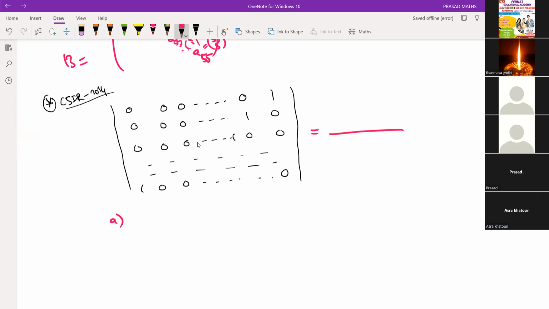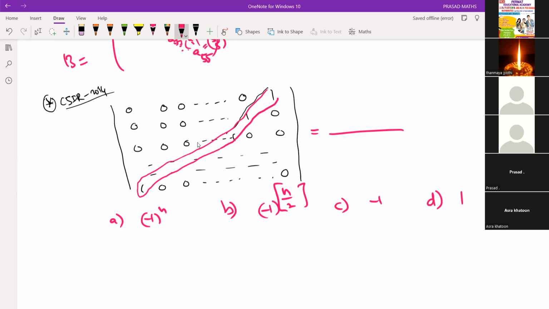Option B, minus 1 whole power n by 2. Option C, minus 1. Option D, 1. What you are given actually are the off diagonal elements, anti-diagonal elements. This question was asked in CSIR.